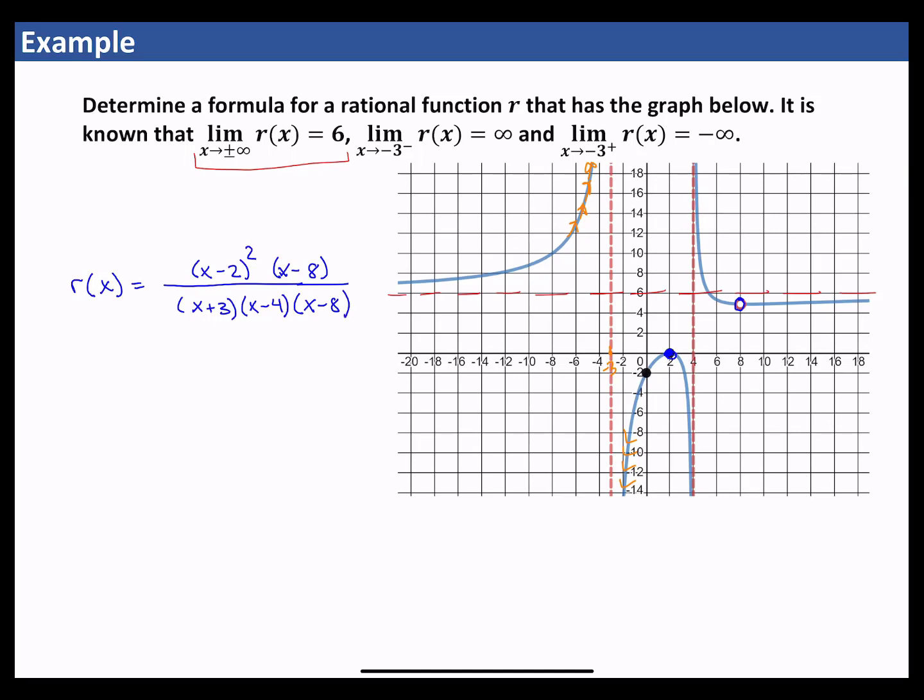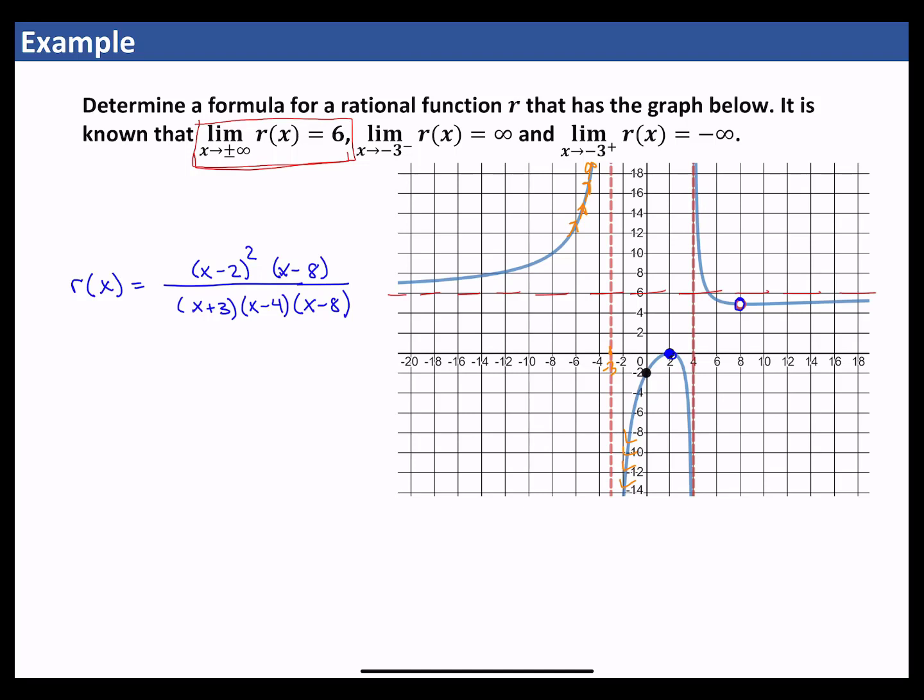And so I mentioned earlier we would check the multiplicity of x minus 2 squared. And we're going to do that by thinking about the long-term behavior of this polynomial. So because there is a horizontal asymptote at 6, in other words, this limit of r of x as x increases or decreases without bound is approaching a specific value, that allows us to conclude that the numerator and the denominator must have the same degree.